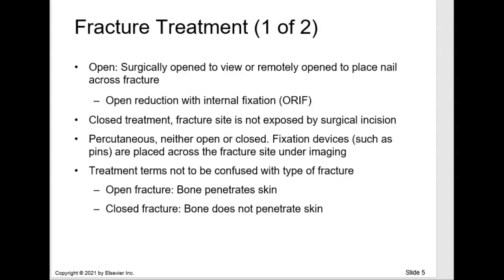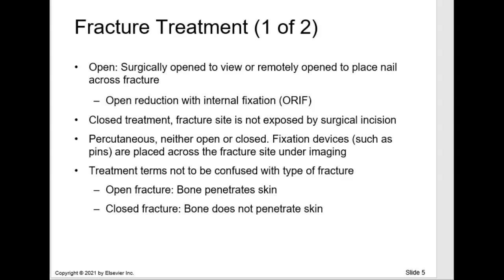Once again, that means they made an incision to go in and repair that fracture. Closed treatment, the fracture site is not exposed. Percutaneous is neither open nor closed. You have fixation devices such as pins. These are placed across the fracture site, as I stated before.